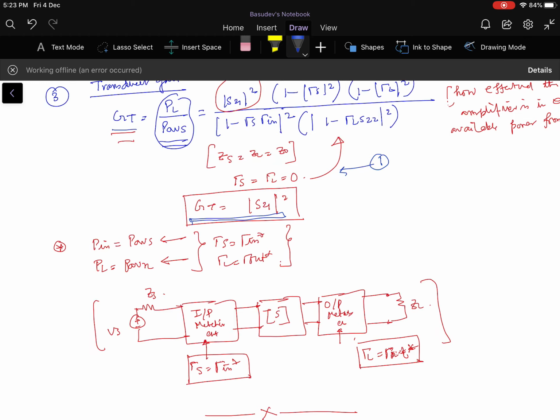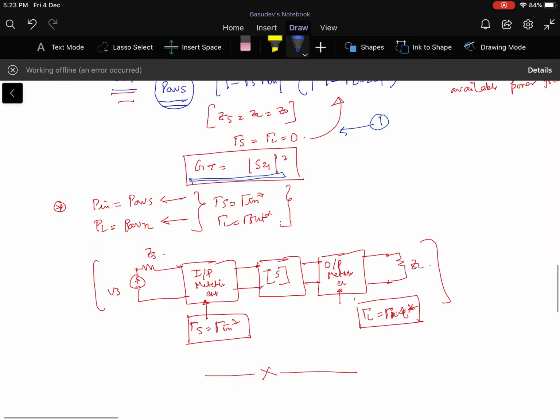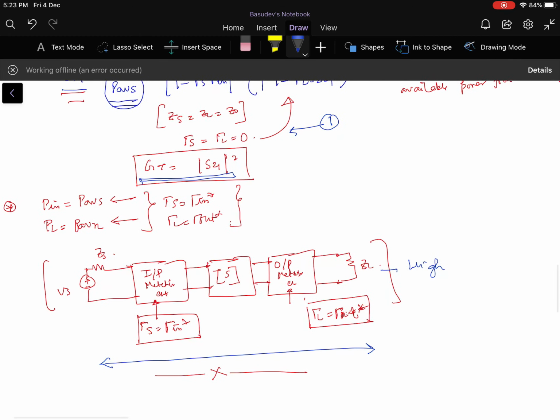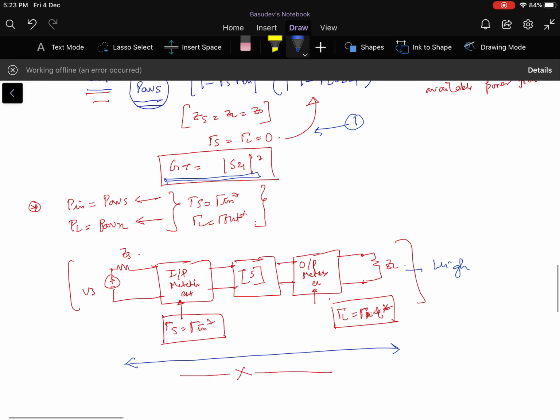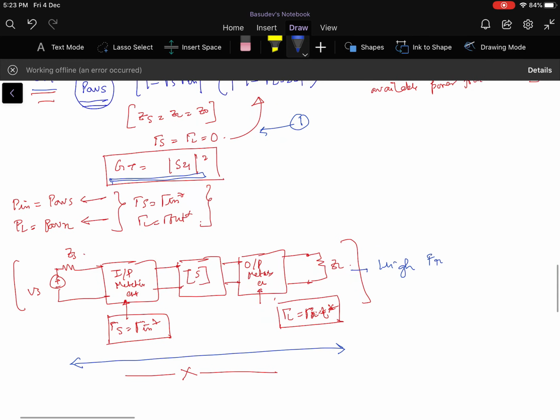So we need a matching circuit in between, and together this total block is what we call a high frequency amplifier, more fundamentally known as high frequency amplifier design.